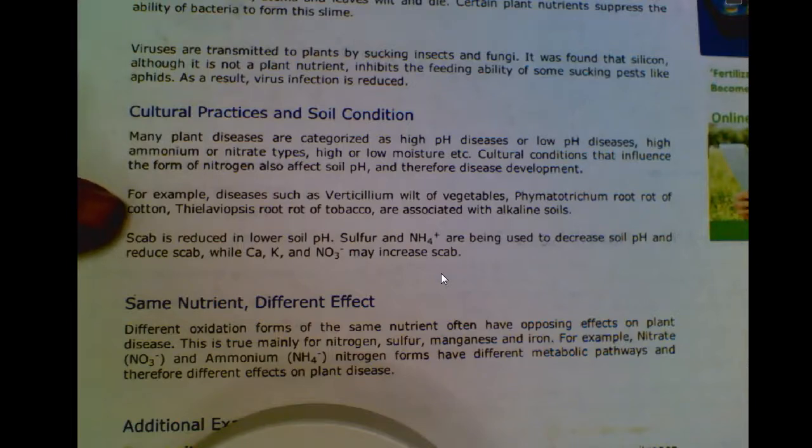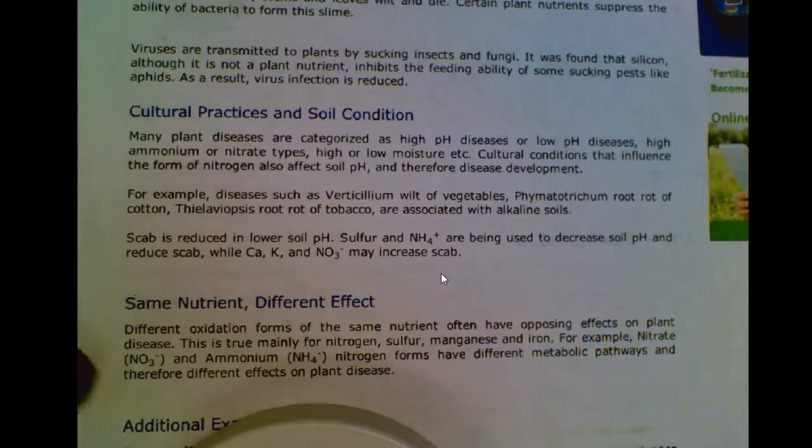Diseases such as verticillium wilt of vegetables, Phymatotrichum root rot of cotton, and Thielaviopsis root rot of tobacco are associated with alkaline soils. Scab is reduced in lower soil pH. Sulfur and ammonium are being used to decrease soil pH and reduce scab, while calcium, potassium, and nitrates may increase scab.